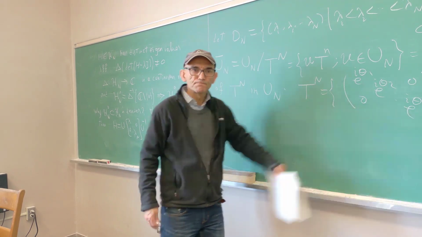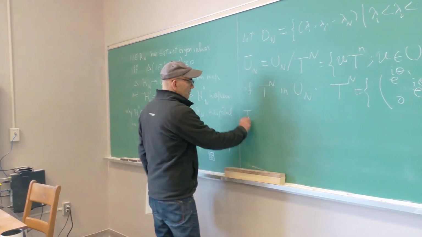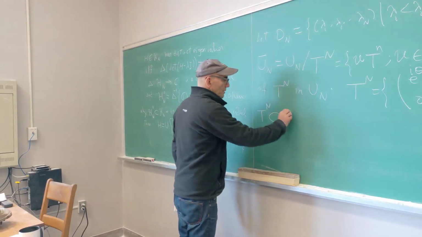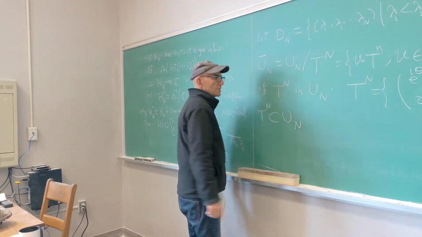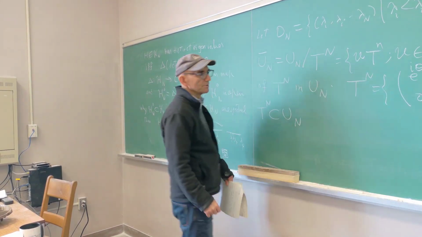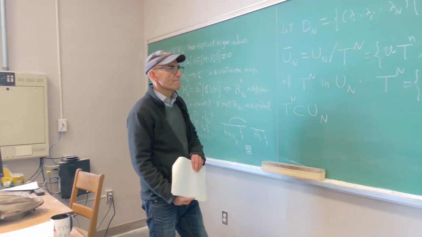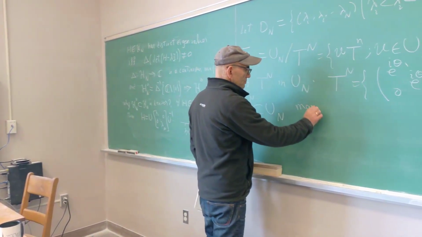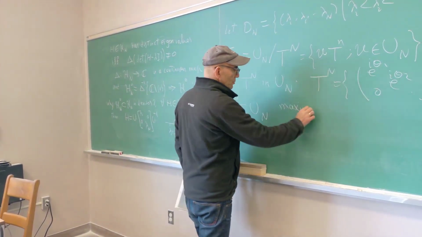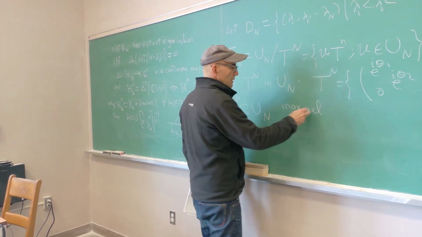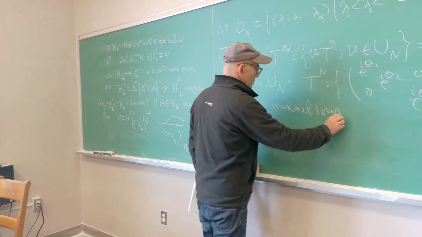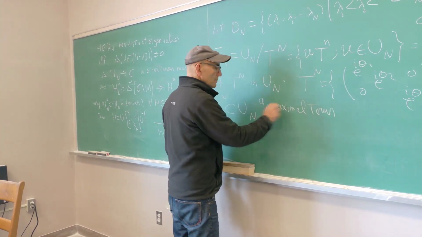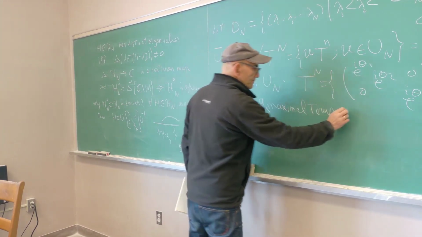So T_n inside U_n is the diagonal unitary matrices. This is called a maximal torus. There are many maximal tori, so I call it a maximal torus of U_n.